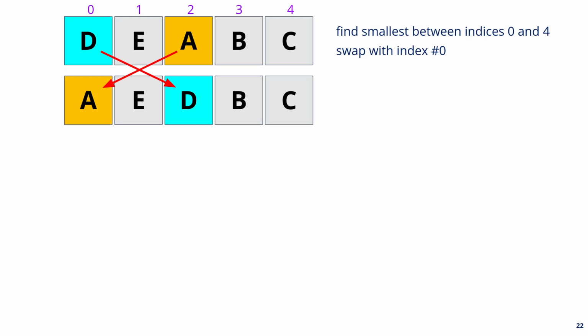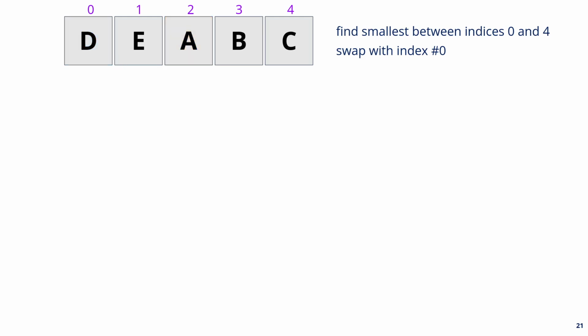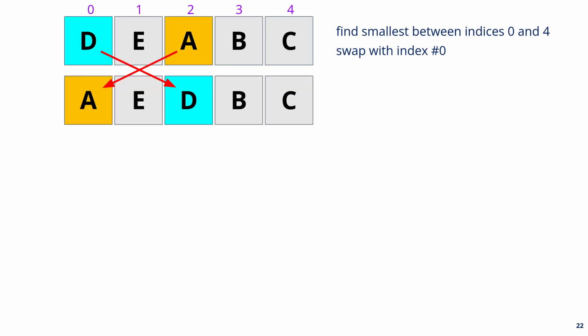In this case, the index of the smallest value, A, is 2. So SI, smallest index, is 2, then I'm going to swap it with element 0.